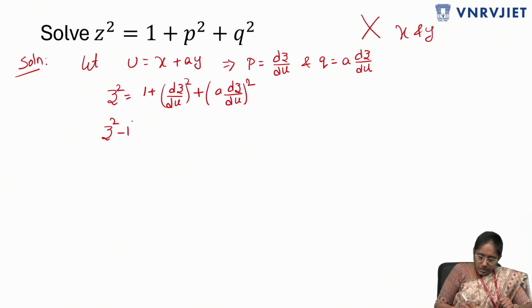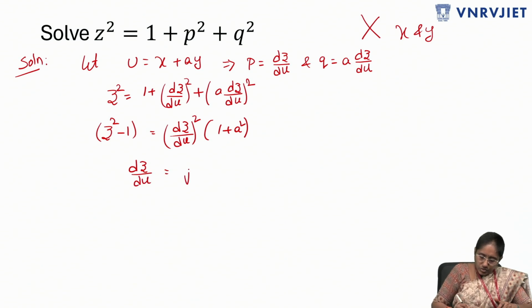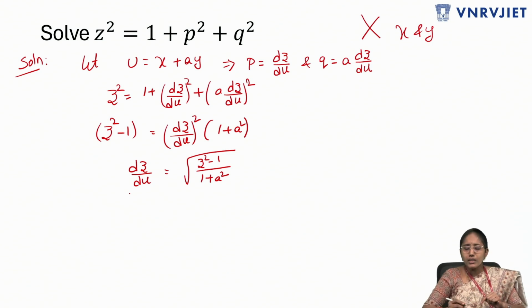So z² − 1 = (dz/du)² (1 + a²), taking (dz/du)² as common. So now dz/du = √((z² − 1)/(1 + a²)). Just here observe, this is an ordinary differential equation in z and u.